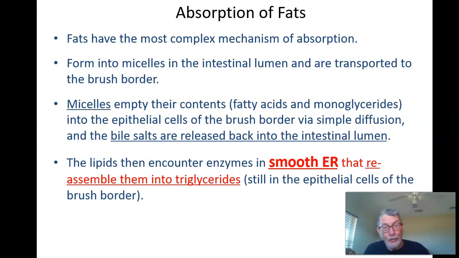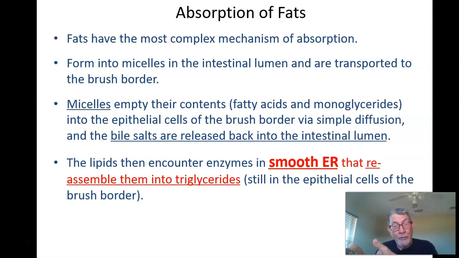But fats, of course, have to be different. You got to have something more because fats are not water soluble, and so we already brought them into the lumen of the intestine. CCK was released, and you get your pancreatic lipases and your bile.